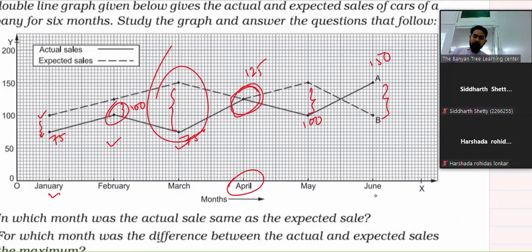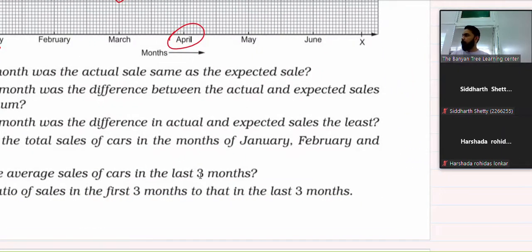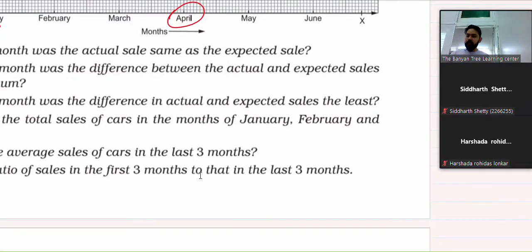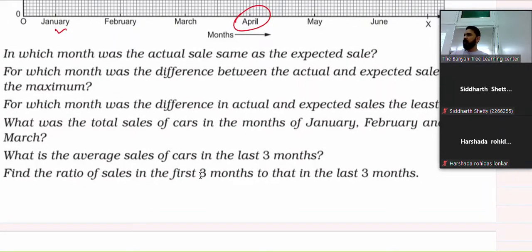So they are asking the average sales. Can anyone tell me what average means? Average? Yeah, but how to find that? How to find the average of something? Can you tell me the formula for average? Not in context of this.